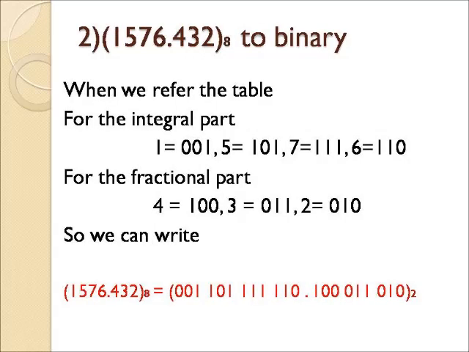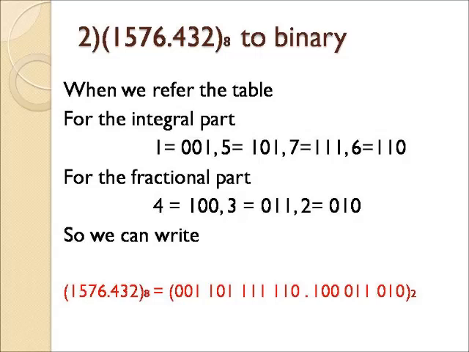Here we can see the second question. 1576.432 is the octal number, and we want to convert it into binary. Here also we refer to the table. For the integral part, 1576, we find the binary equivalent of each digit: for 1 it is 001, for 5 it is 101, for 7 it is 111, and for 6 it is 110.